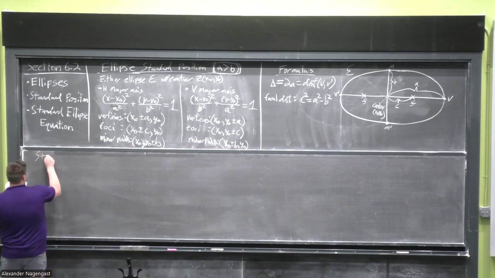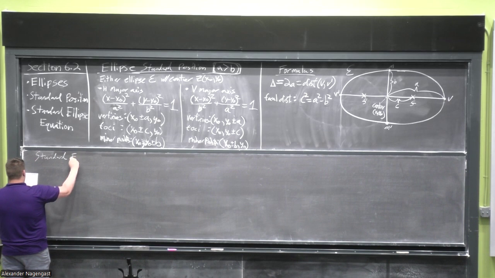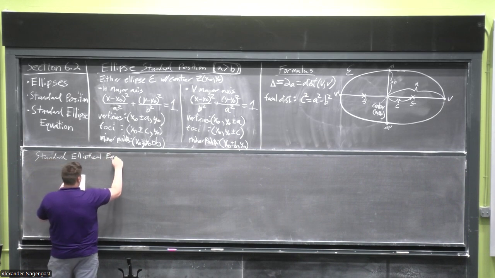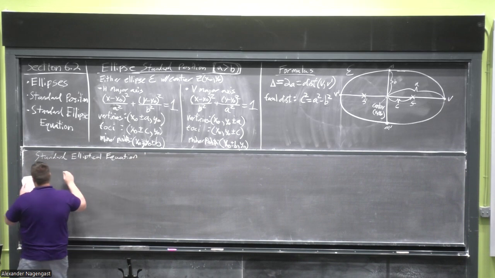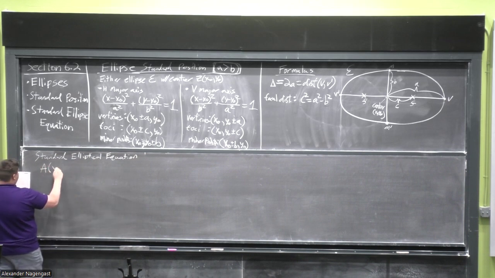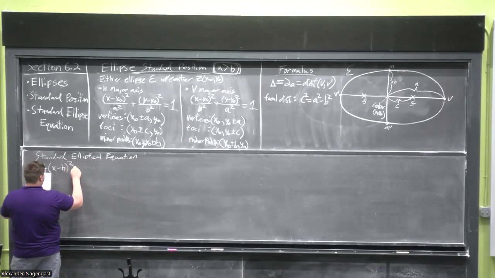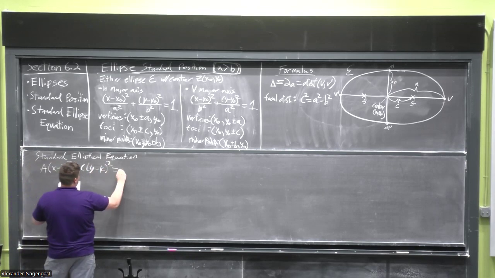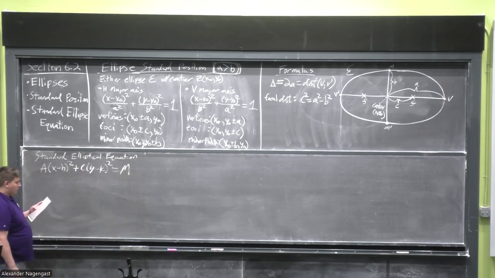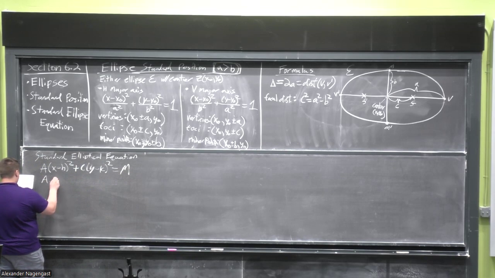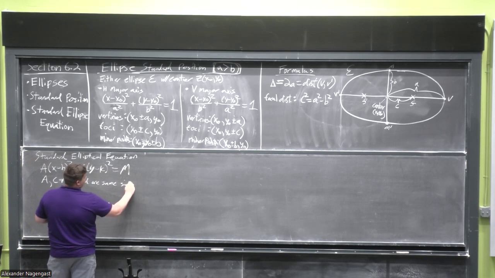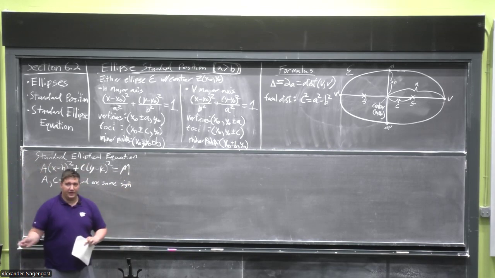So this is now the standard elliptical equation: a times (x minus h) squared plus c times (y minus k) squared is equal to capital M. Note that a and c cannot equal 0 and are the same sign, meaning if one's positive, the other's positive, and if one's negative, the other's negative.